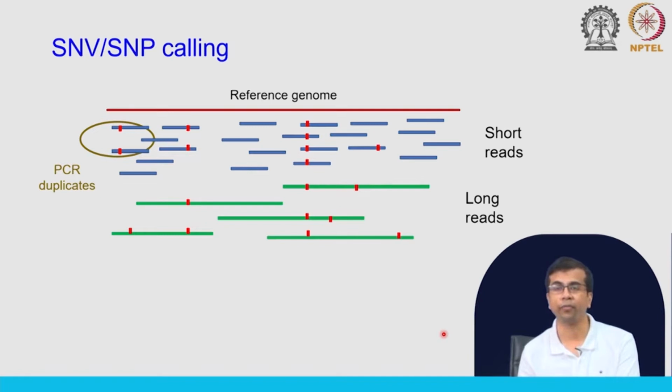We can falsely call SNP or SNP if this is present in PCR duplicates, for example. If two or more copies of the duplicates show the same variant, we might falsely call the duplicates as SNP or SNP. This is something we have to keep in mind when we are doing this analysis. We will now formalize these steps.